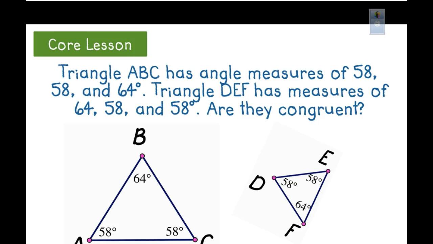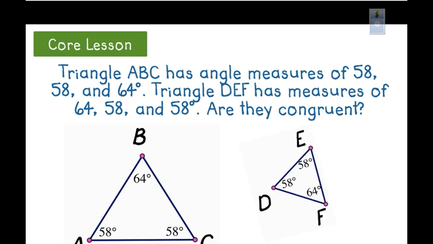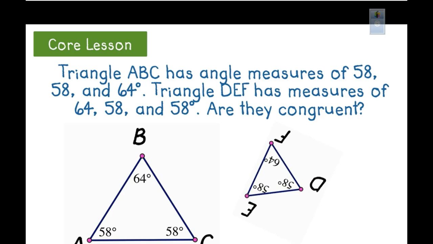The problem didn't give us any side lengths, so we can draw them any size we want. Also, the order of the angles does not matter because we could always rotate and or flip the triangle to make them match up. But remember, we also could have drawn them as congruent triangles, so the answer to the question is that there is not enough information given to have an answer of yes or no.